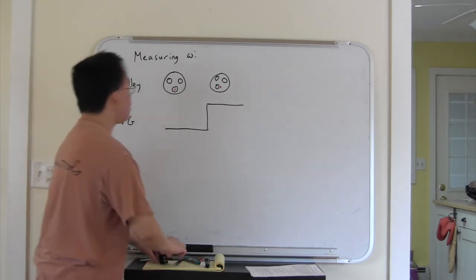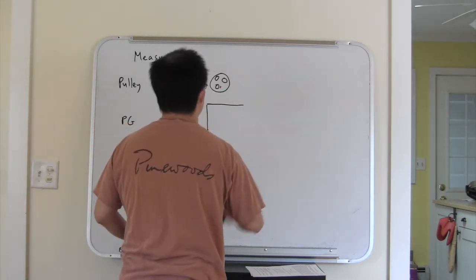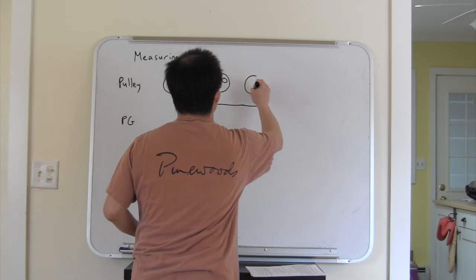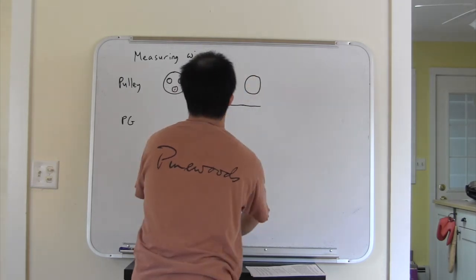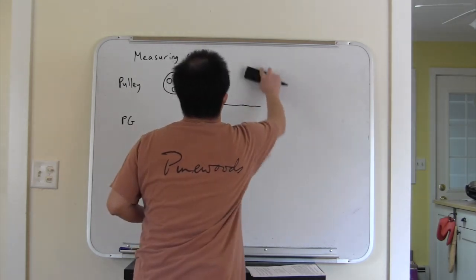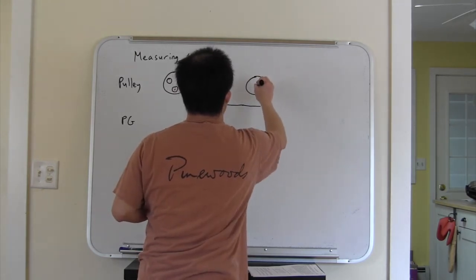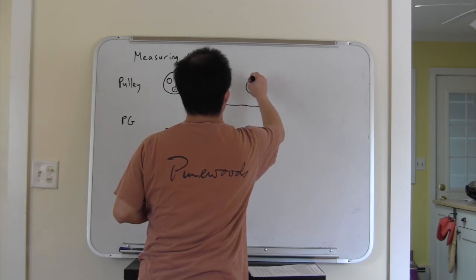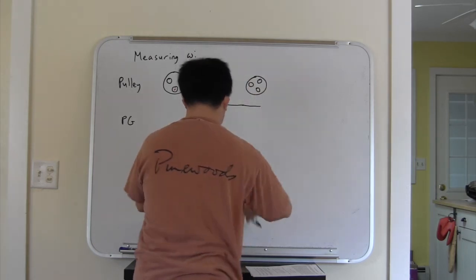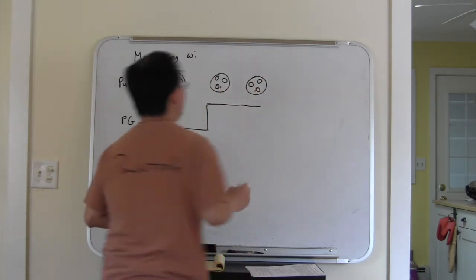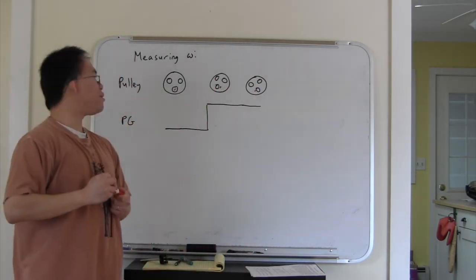So let me draw that a little bit further for you. First I'll try to draw a circle that's round. Okay, so now we'll draw this hole right here, and then here's our next hole.